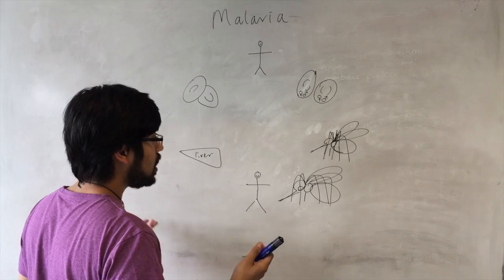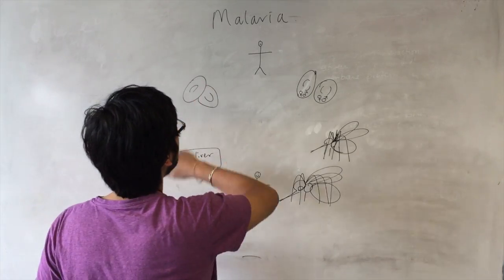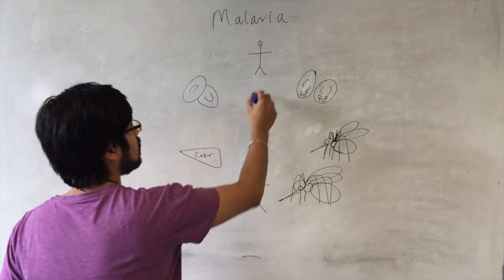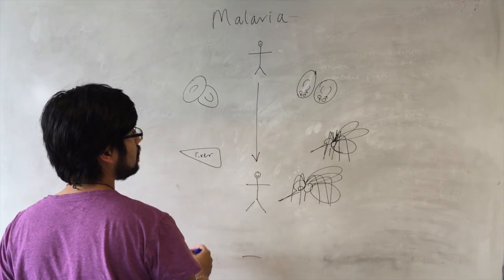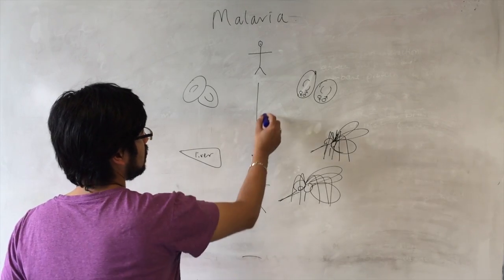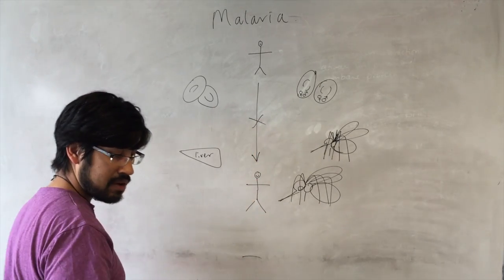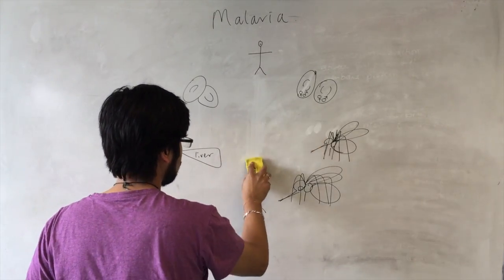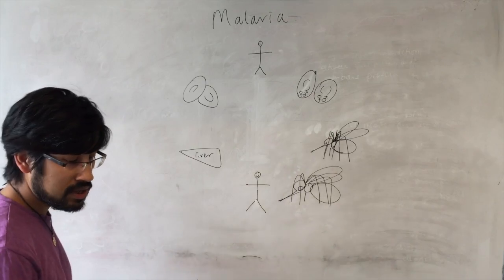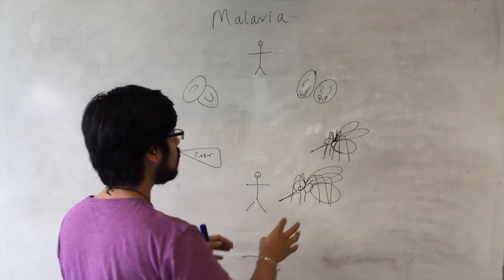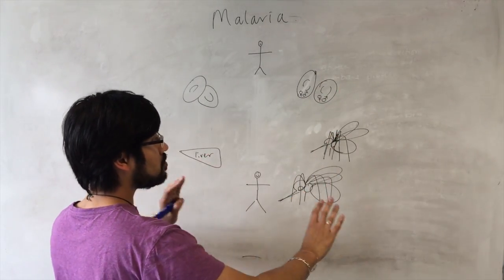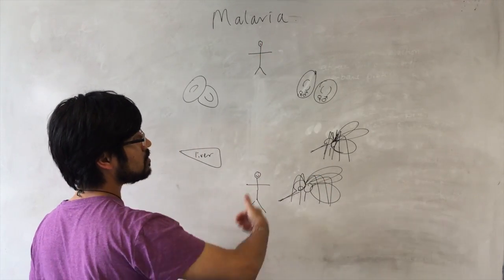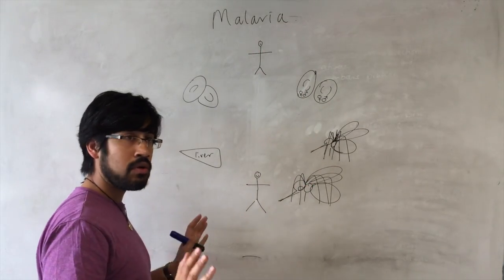So let's just begin. Now, malaria, remember I said that it needs a vector. It can't go from person A to person B directly, okay? Cannot happen. It needs a vector, and that vector is a mosquito, all right? The female Anopheles mosquito, right? So the very most basic thing that you must know is that it can only go from person A to person B via the mosquito, all right?